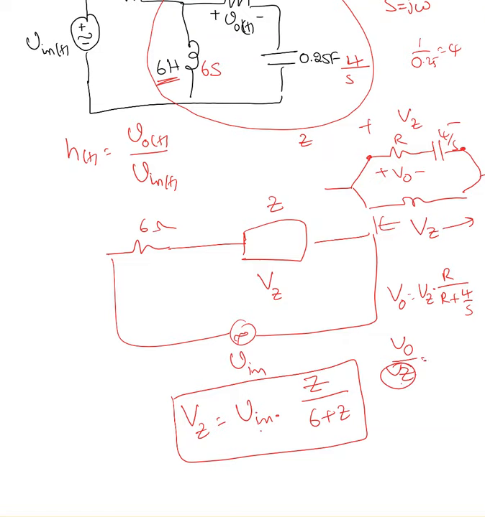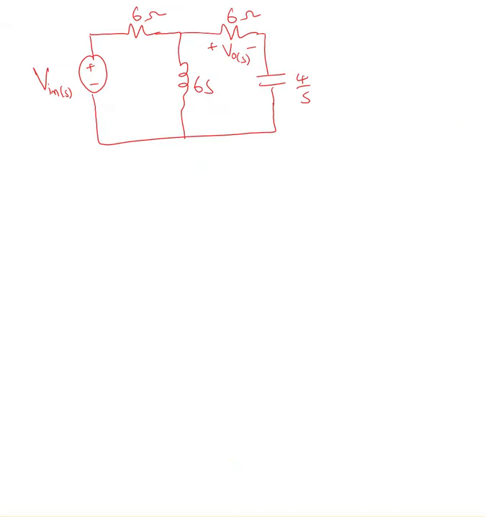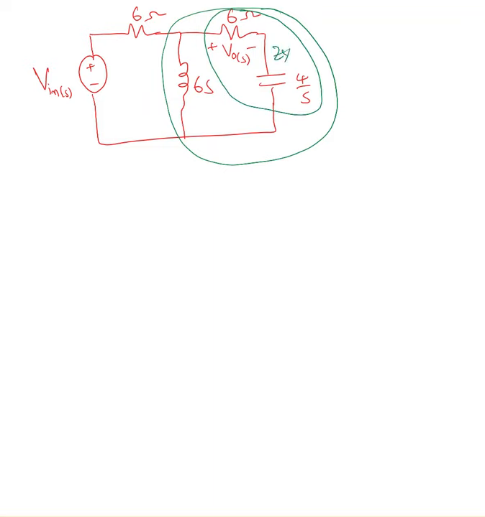So I'm going to use the voltage division rule in this example. In step 1, I converted the circuit into s domain. So here is an equivalent circuit. Now my main goal is to find the total impedance. I'm going to call this ZY. What is ZY?